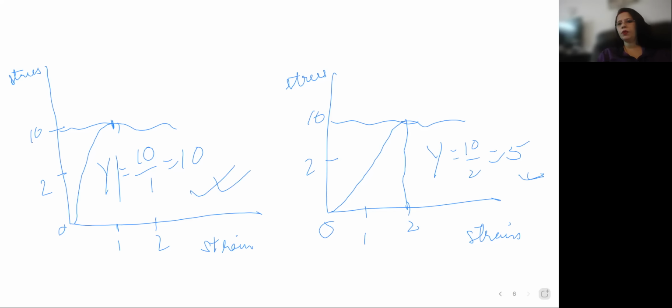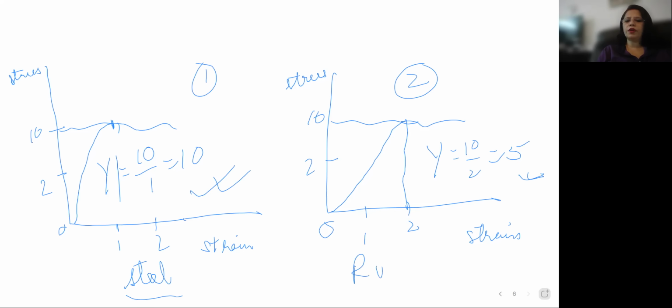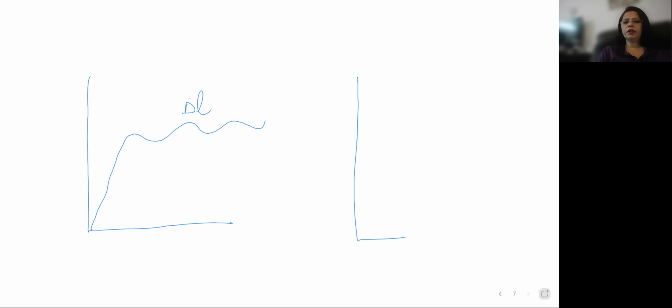So which one will be more elastic, children? This first one or the second one? Yes, first one. So this is the graph for steel and this is the graph for rubber. Steel is more elastic than rubber. Now one more thing. If I'm taking these two graphs, this delta L is very long and here this is very short.